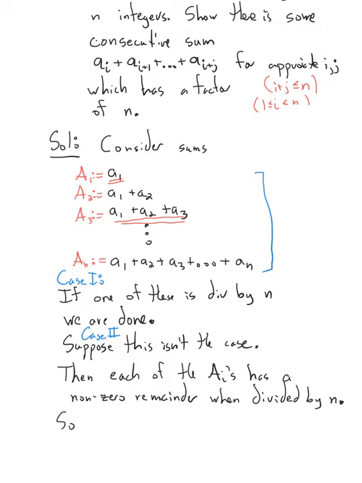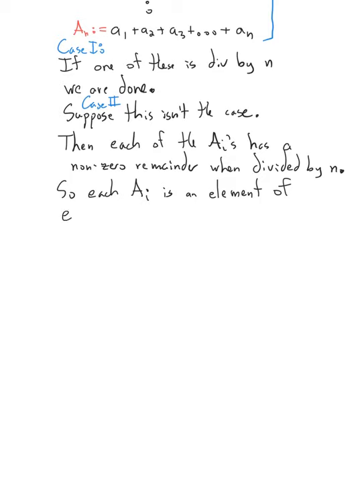Each AI is an element of exactly one of the equivalence classes: 1 mod n, because remember, these are all the things that have remainder 1 when you divide by n, 2 mod n, all the way to n minus 1 mod n.